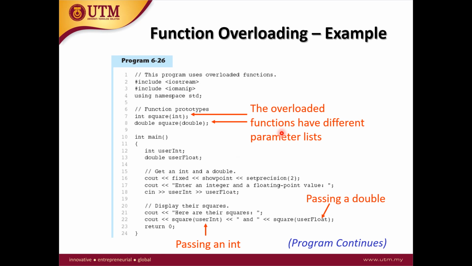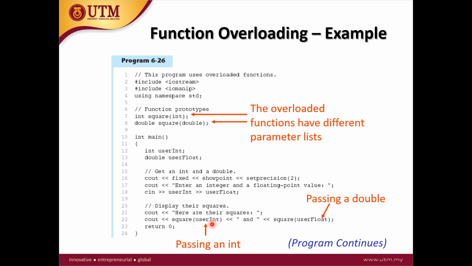Look here, we've got this example. We have 2 versions of this square function: int square, which takes an integer parameter, and double square, which takes a double parameter. We have the variables userInt and userFloat inside the main function, and we are entering both of them. Then we call the square function, passing an integer parameter, which is userInt.